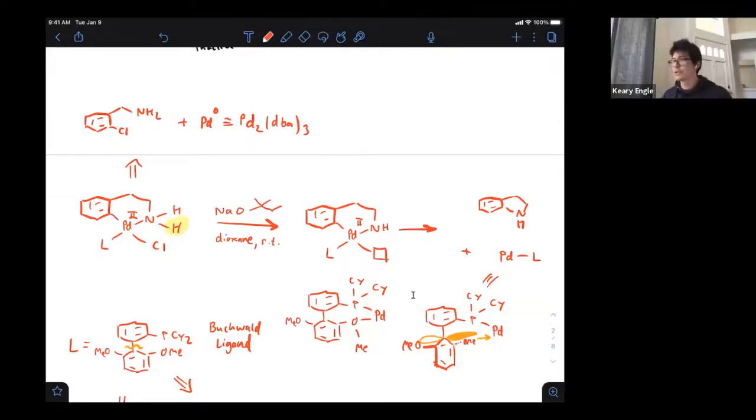Lots of different options here. One that I think Buchwald has used a lot subsequently is this one. It's actually palladium 2, but upon reductive elimination it then becomes palladium 0.